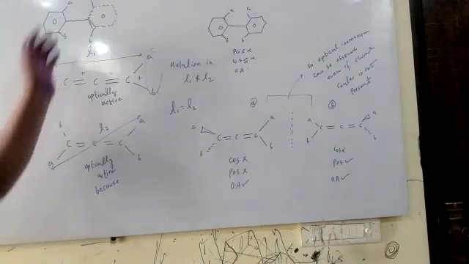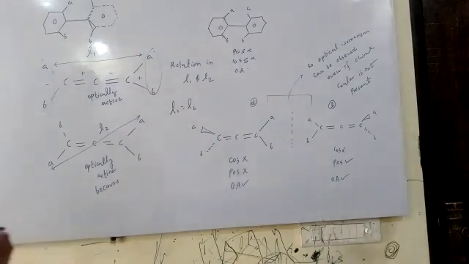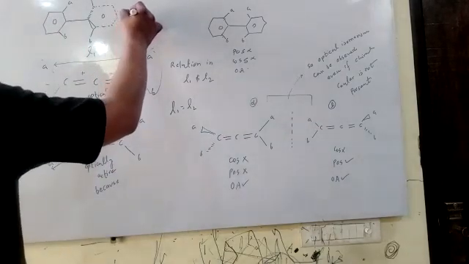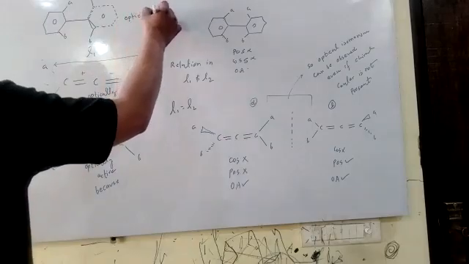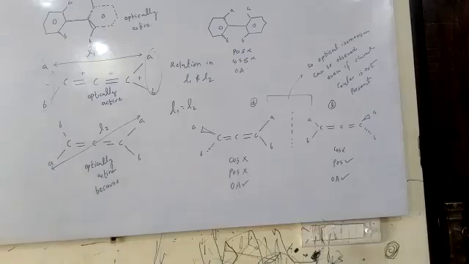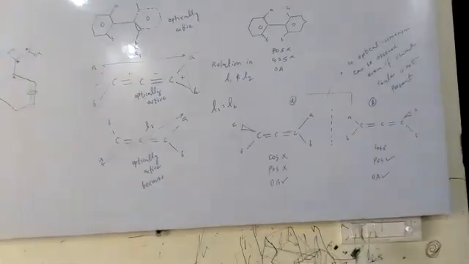Its mirror image will be different. Got it? So these are a few cases where a chiral center is not present, but still these are showing optical isomers.